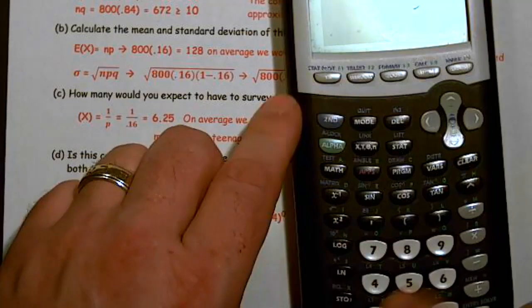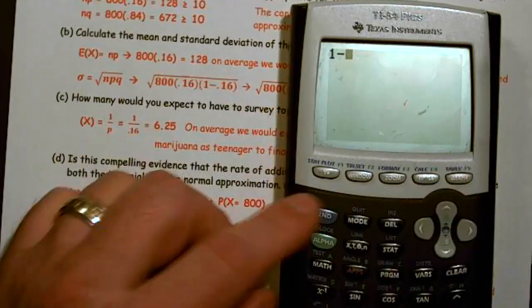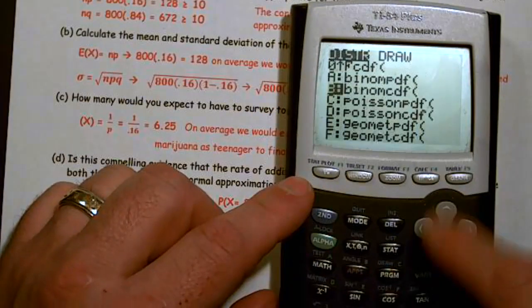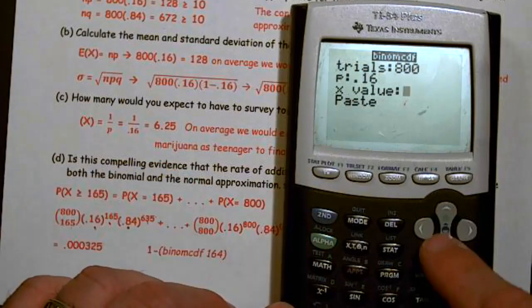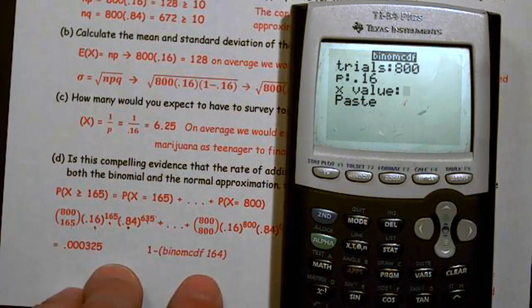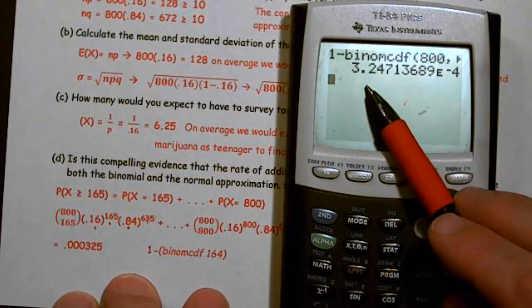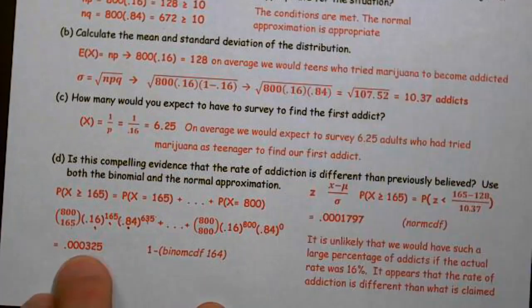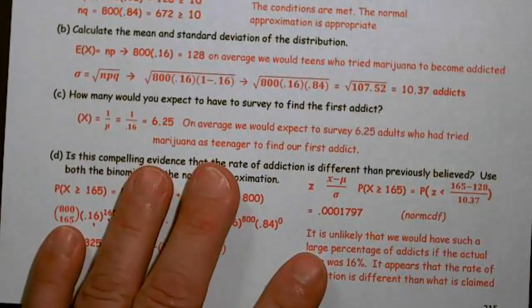So here we go, 1 minus second vars, binomial CDF, trials 800, p value 0.16, x value happened to be 165. We subtract out the highest one we don't want, so 164. And we end up getting 0.00003. Pretty small.